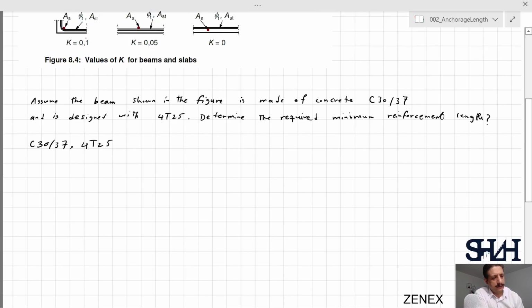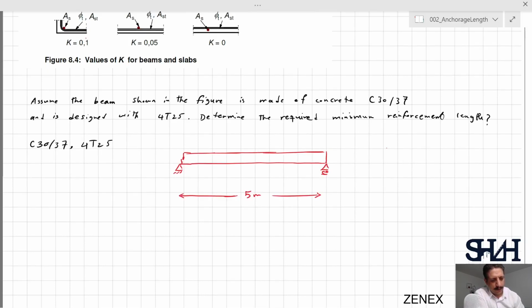And let's sketch the beam. You have a 5 meter beam and the dimension of the beam is 300 by 450, for example. 4Ø25.